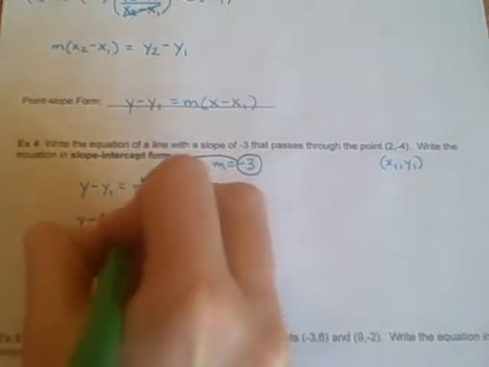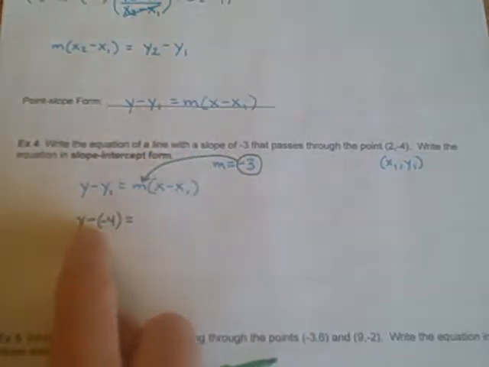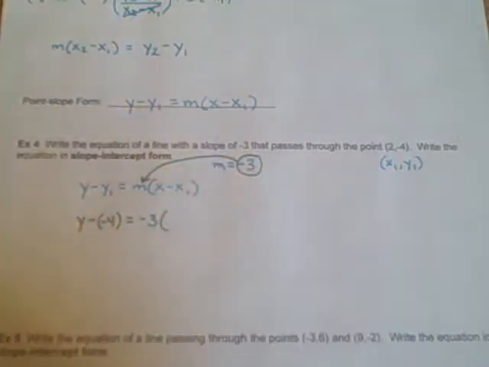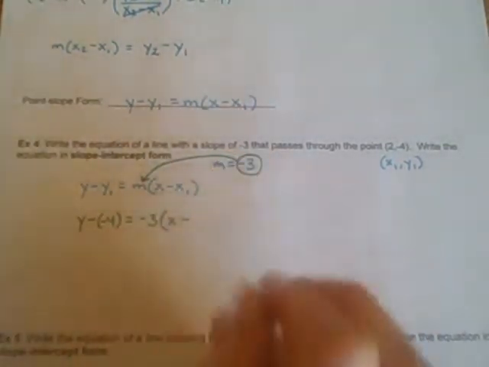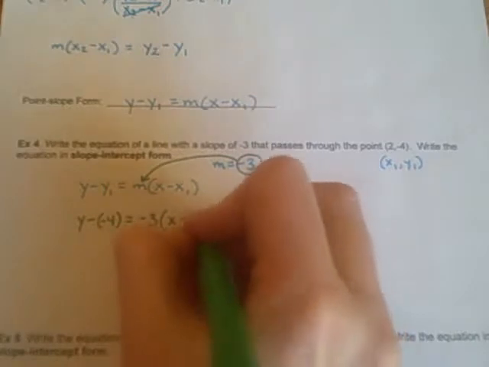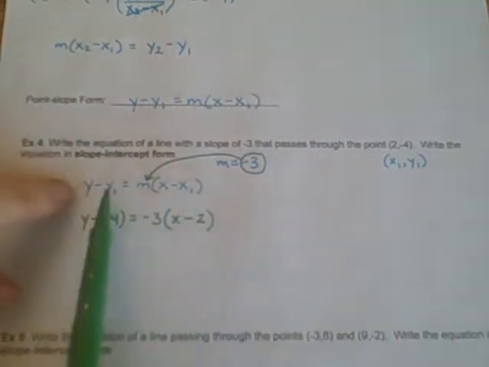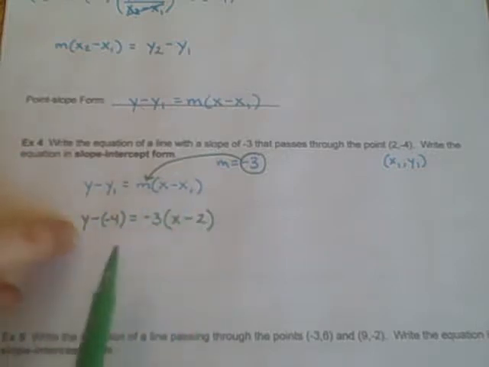I'm going to use parentheses so that I keep track of that there's 2 negatives there. Then I have -3, parenthesis, x minus 2. Make sure you keep the equation exactly as you see it when you plug in the numbers. So keep your parentheses, keep everything in the same order.